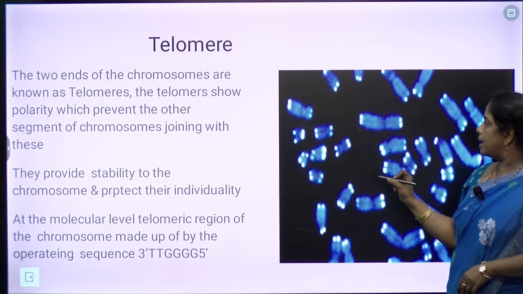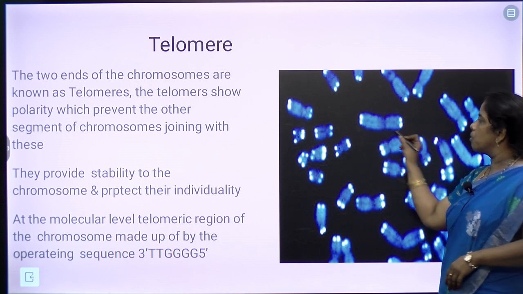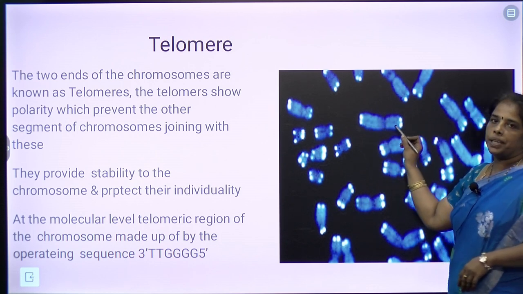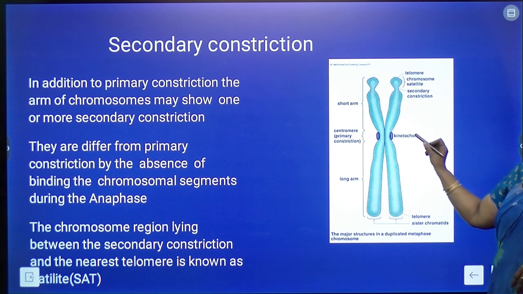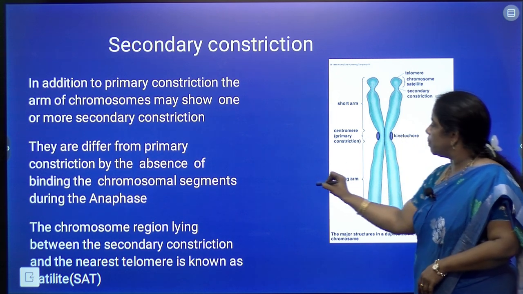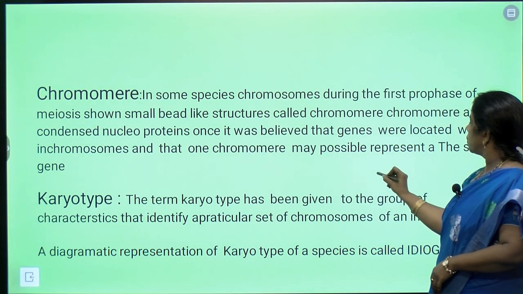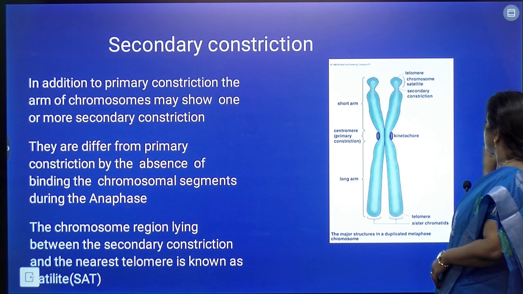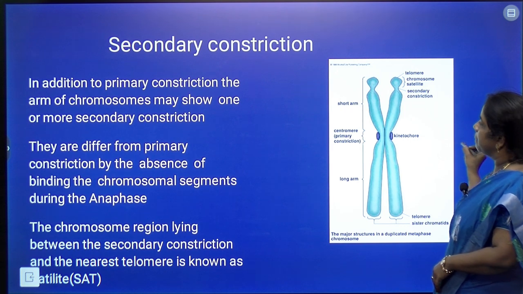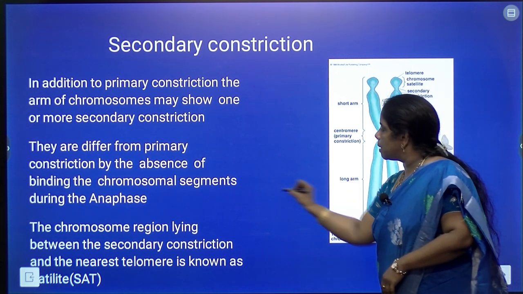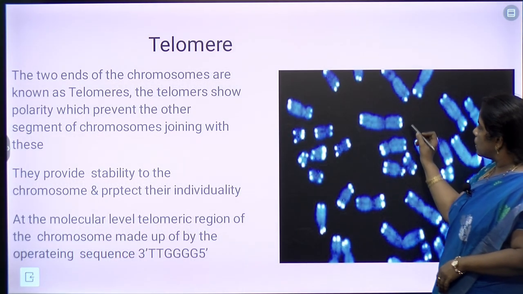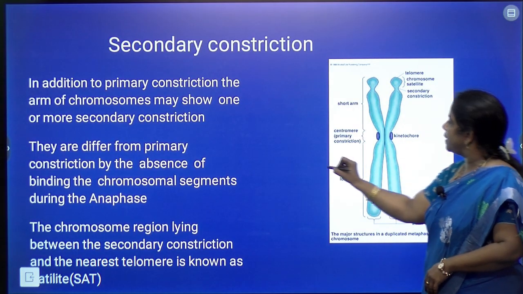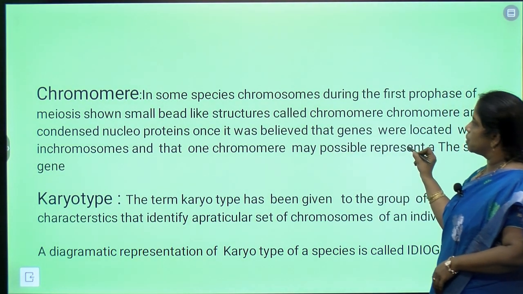The next important part of the chromosome structure is the telomeres. The two ends of the chromosomes are called the telomeres. These telomeres show polarity, and they also prevent the joining of other chromosomes.